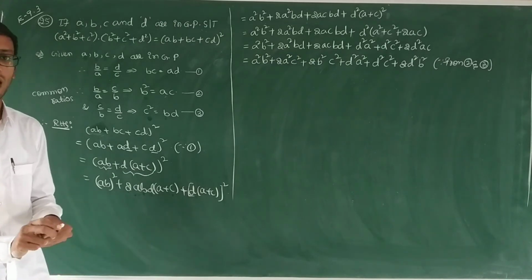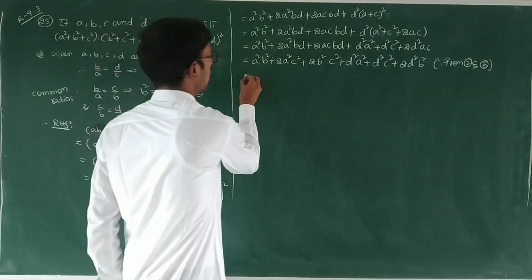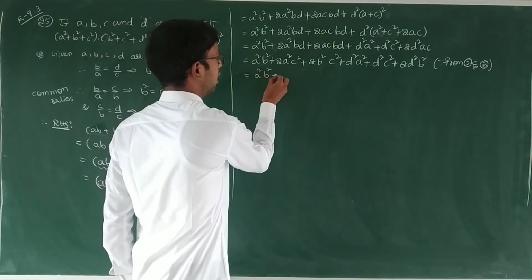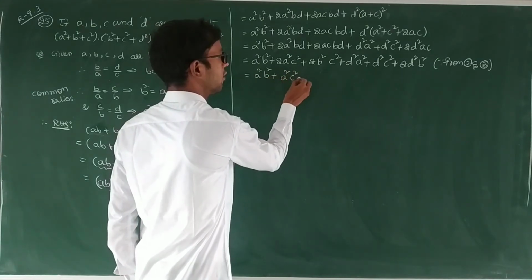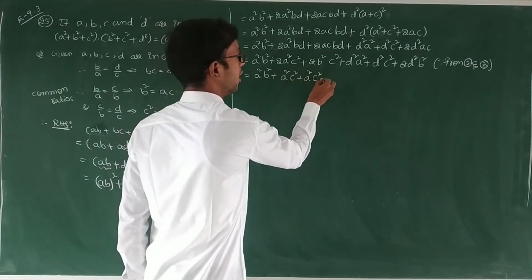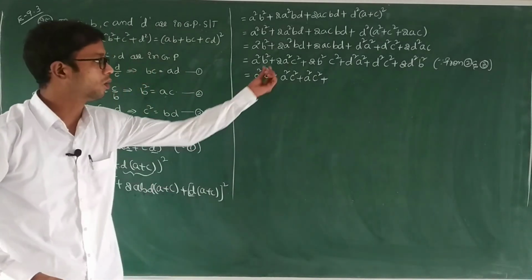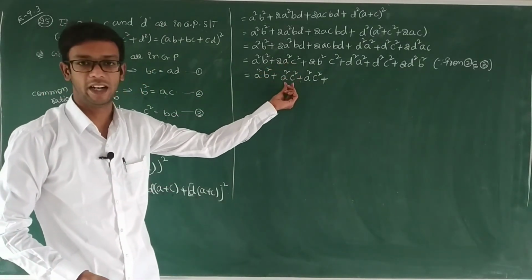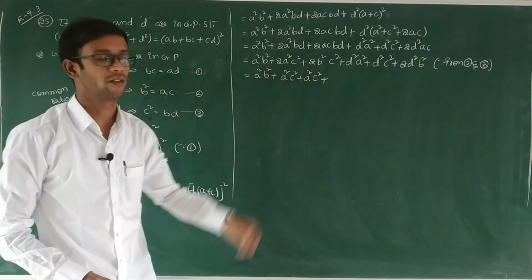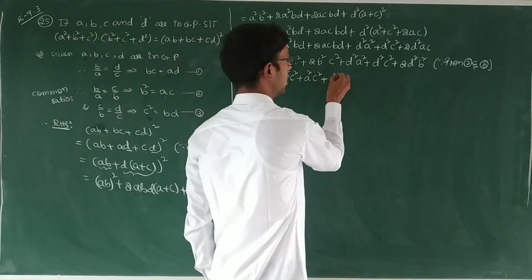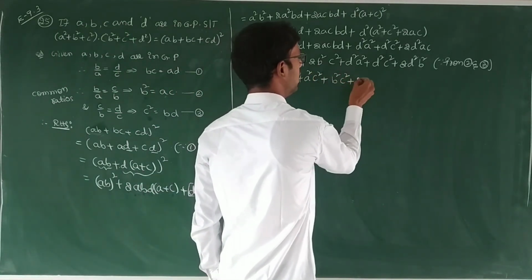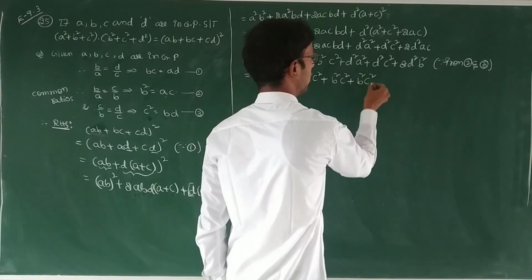So next step: A square B square, A square C square plus A square C square. I can write 2A square C square as A square C square plus A square C square. Next here 2B square C square is there; I am writing it as B square C square plus B square C square.